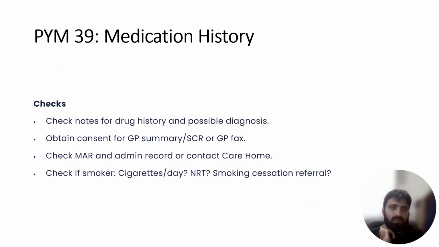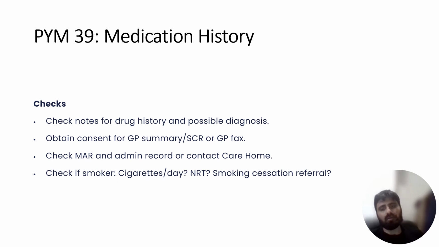Moving on to the next slide, what we need to check while taking the medical history is the notes for drug history and possible diagnosis. From there you can confirm the medication history of the patient. Obtain consent for GP summary, SCR or GP facts.